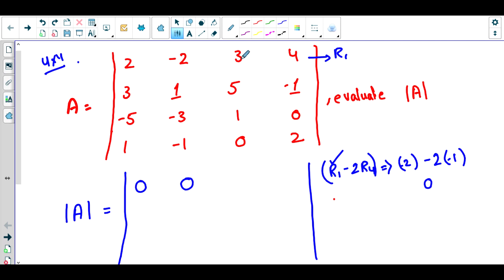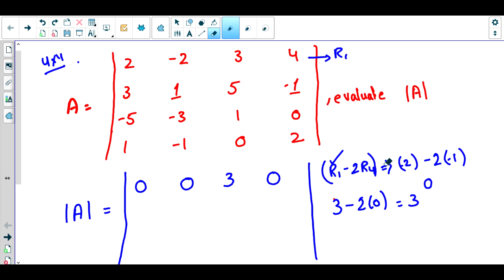Here we have R1 3. Let's do it manually: 3 minus 2 into 0, it will be 3 again. So I have here a 3. Now R1, which is 4 minus 2 into 2, will be 4 minus 4, again 0. Now I have here 0 0 3 0 by this operation, which is R1 minus 2R4.